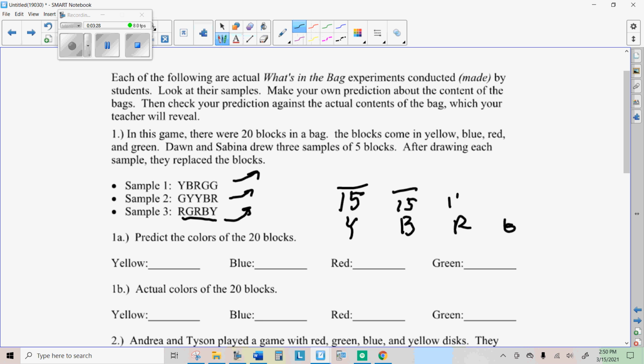All right, so let's just total up what we have out of the 15 samples. We have 1, 2, 3, 4 yellows. We have 1, 2 blues. Doesn't seem like there's too many blues in there, does it?